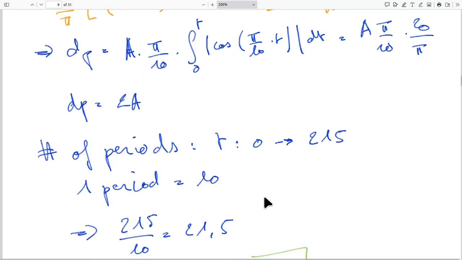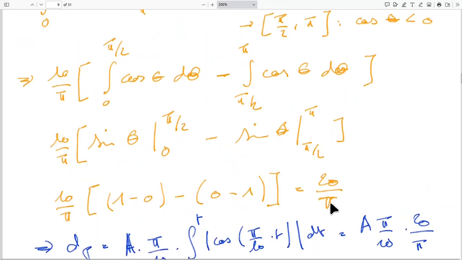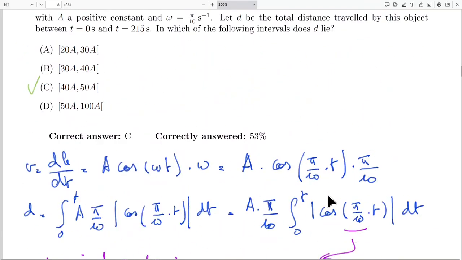One period is 10 seconds, so 215 divided by 10 gives you 21.5. So the total distance is 21.5 times 2a, which is 43a. 43a is in between 40a and 50a. So answer C is the correct answer.